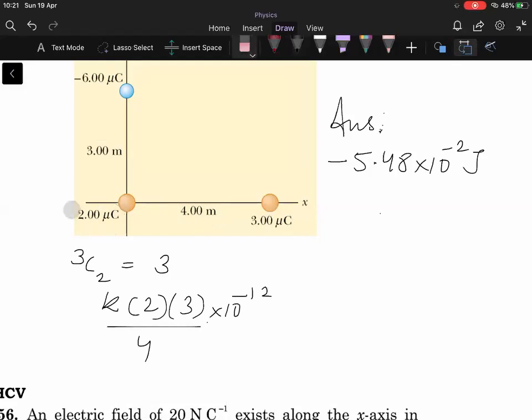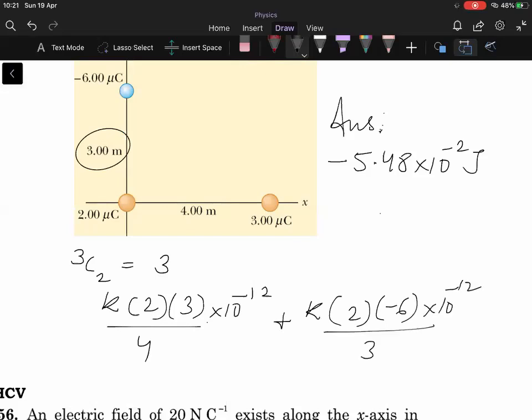Now what about the second pair? Second pair is having a distance of 3 meters. So you will write plus k into 2 into minus 6 into 10 to the power minus 12 divided by 3. Then you have the third pair, which has a distance of 5 meters.